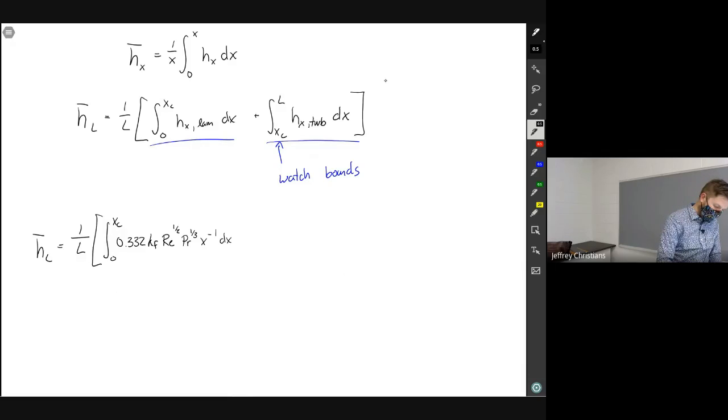Okay, and then we can add up the integral over the second part, 0.0296.